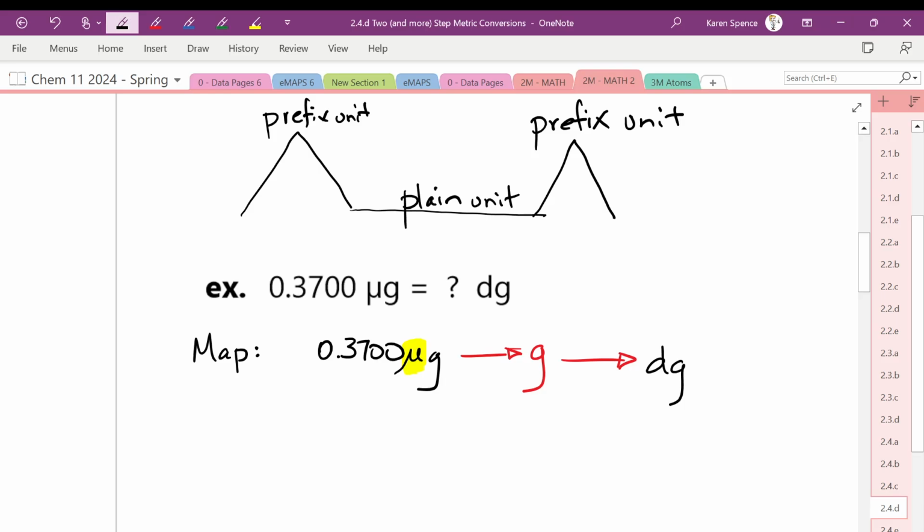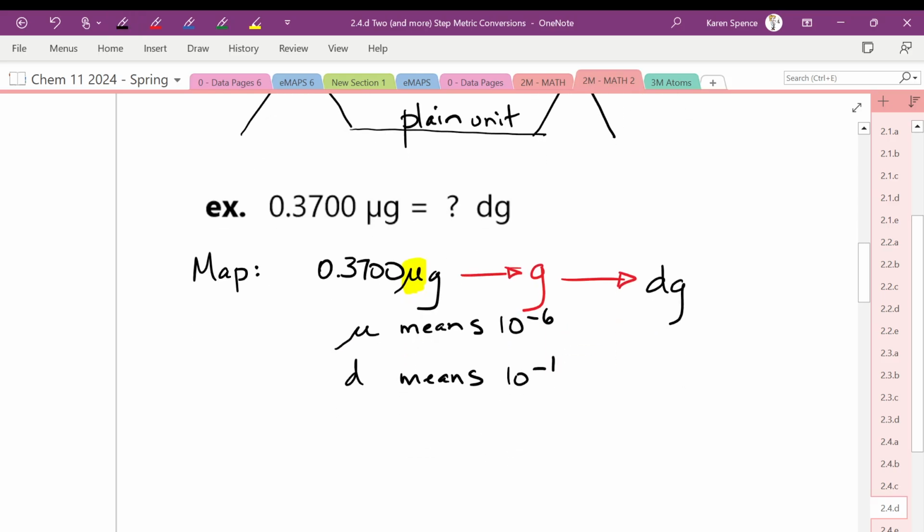Now let's remind ourselves, what does micro mean? Micro means 10 to the -6. Deci means 10 to the -1. All right, so let's start. We have 2 steps, which means we're going to have 2 conversions.